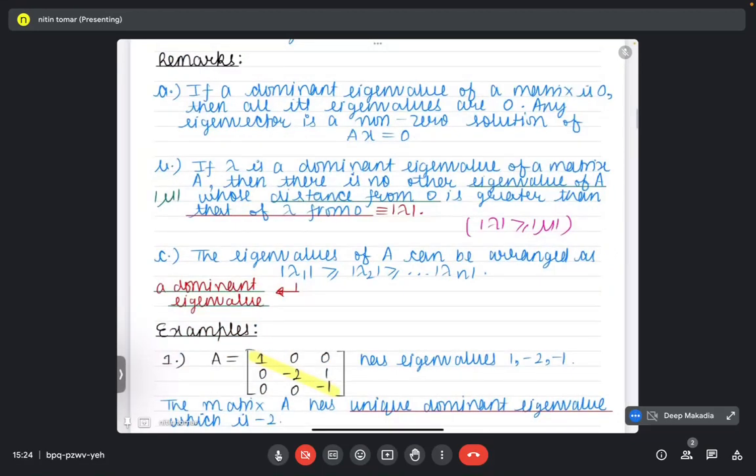Also, any eigenvector is a non-zero solution of Ax = 0. And why will such a non-zero solution exist? Because A has an eigenvalue 0, which means A is not invertible. So hence this system Ax = 0 will have a non-zero solution. We have already seen in the beginning that Ax = 0 has only the zero solution if and only if A is invertible. Since in this case A is not invertible, there will be a non-zero solution, and the non-zero solution will indeed be an eigenvector.